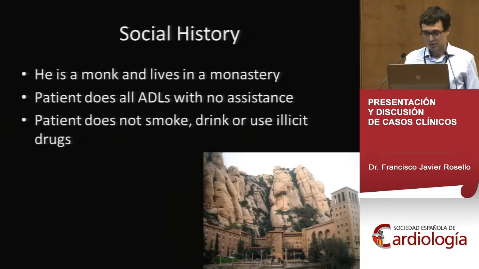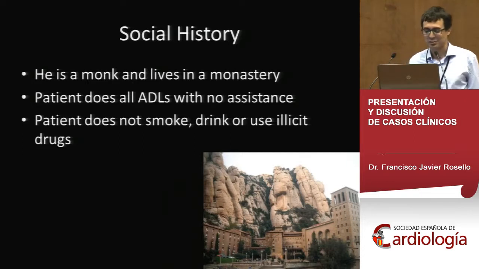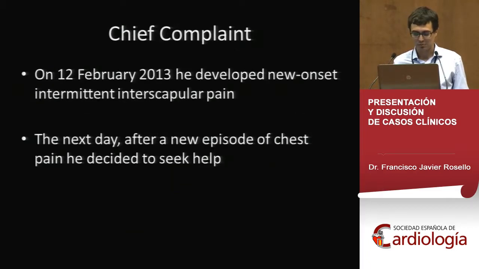He leads a normal life, and he has his activities of daily living with no help. He does not smoke or drink, and neither uses illicit drugs, as you would all suppose.